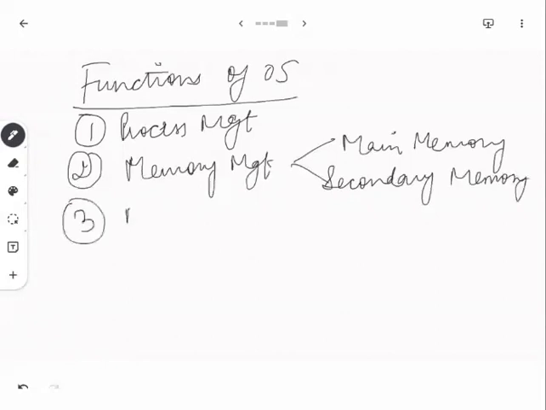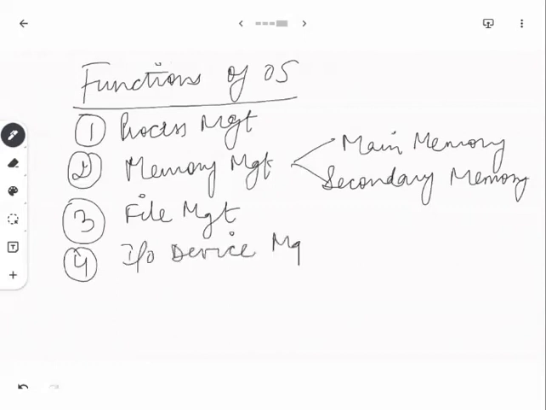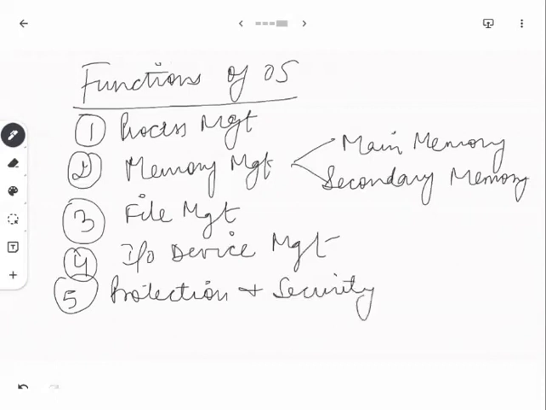Then file management. Then you can have your input output device management. You have protection and security, which is provided by every operating system.